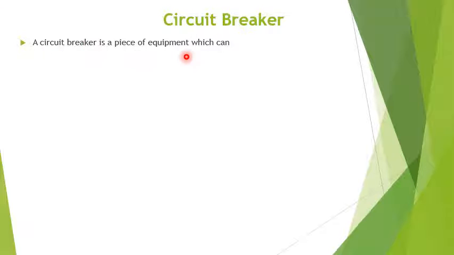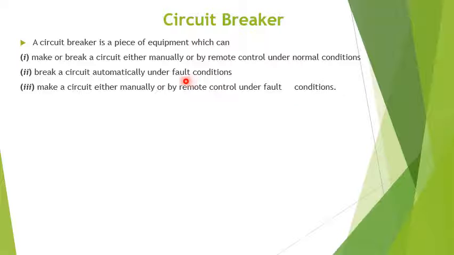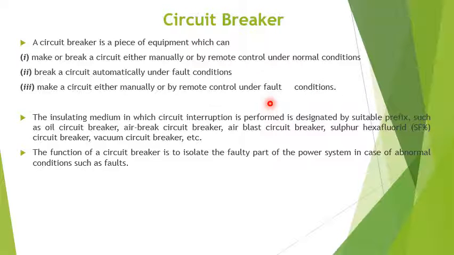So the circuit breaker is a piece of equipment which we have discussed. It can carry or break a circuit either manually or by remote control under normal condition or under faulty condition, or for maintenance purposes. Again, depending upon the insulating medium used in the circuit breaker chamber, it can be categorized into oil circuit breaker, air circuit breaker, air blast circuit breaker, sulfur hexafluoride SF6 circuit breaker, and vacuum circuit breaker.